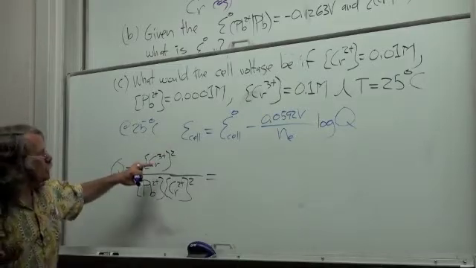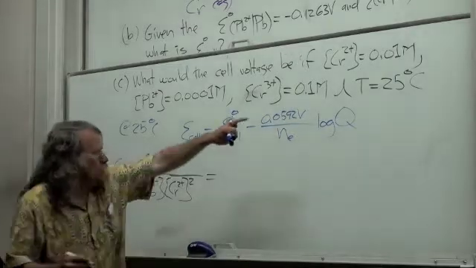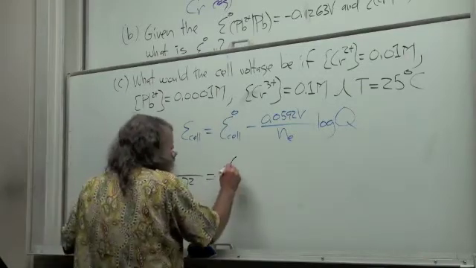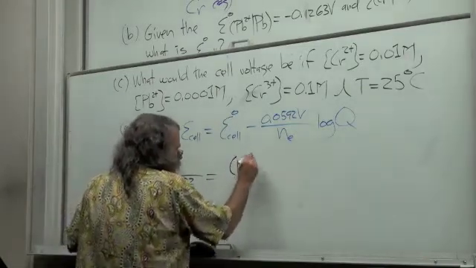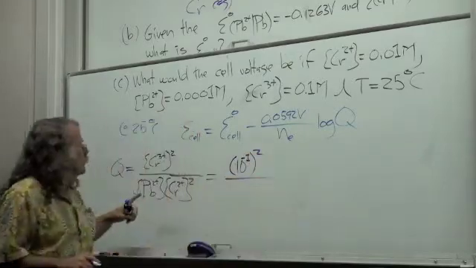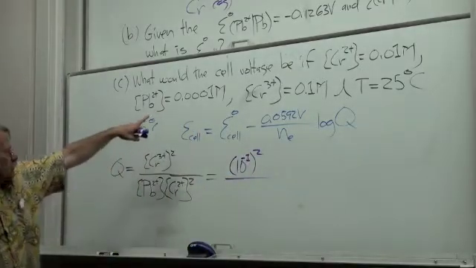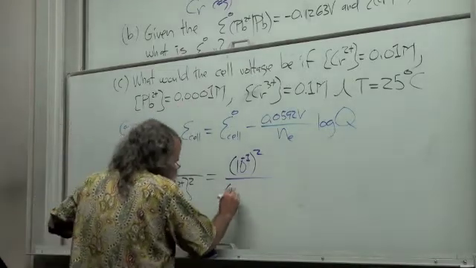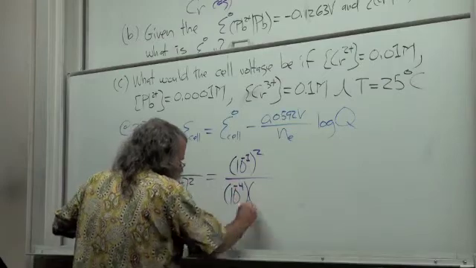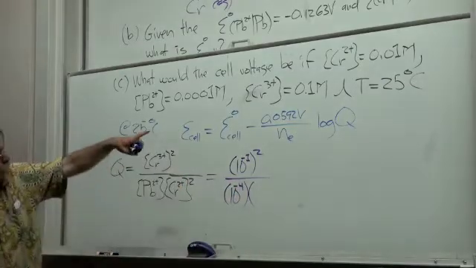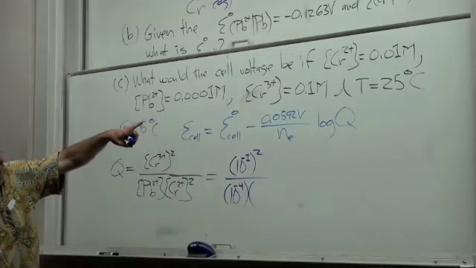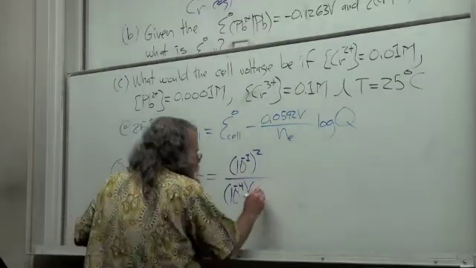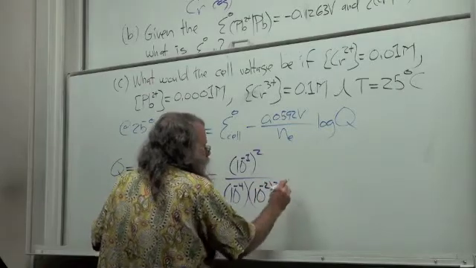So chromium 3+ is 10 to the what? 10 to the minus 1. So I have 10 to the minus 1 squared over, and the lead 2+ is 10 to the minus what? 4. 10 to the minus 4 times 10 to the minus 2, 10 to the minus 2 squared.